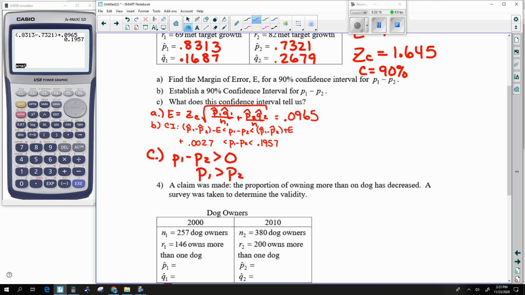So the probability of 1 meeting their target growth is greater than the probability of 2.